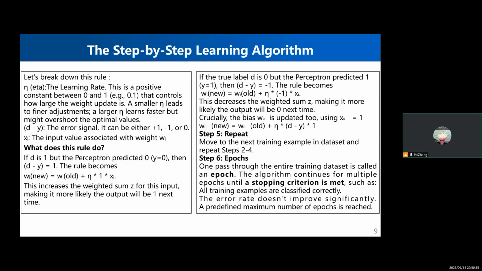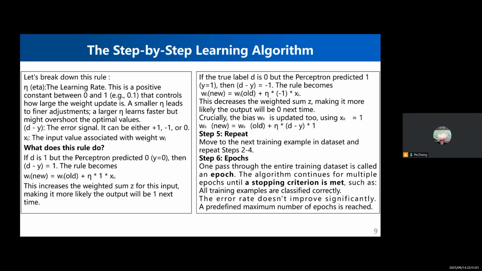Then move to the next training example in the dataset and repeat steps 2 to 4. One pass through the entire training dataset is called an epoch. The algorithm continues for multiple epochs until a stopping criterion is met.